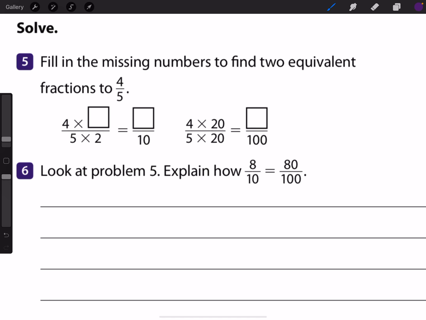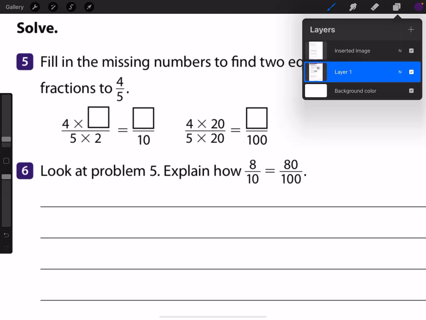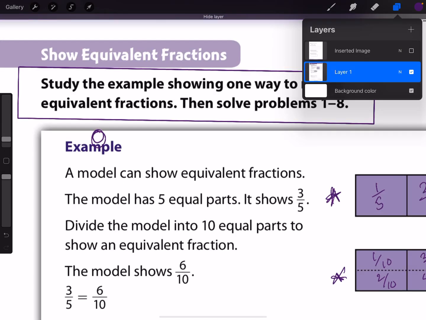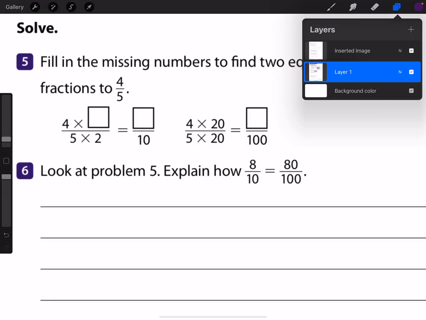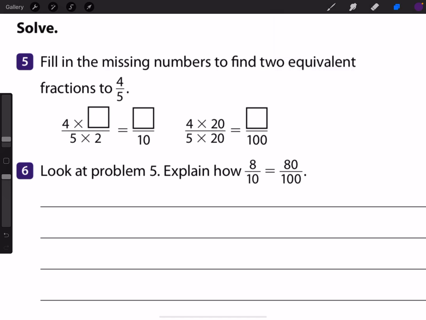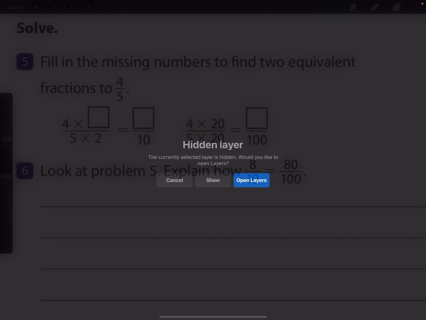All right, so 5 times 2, just a second. So 5 times 2.